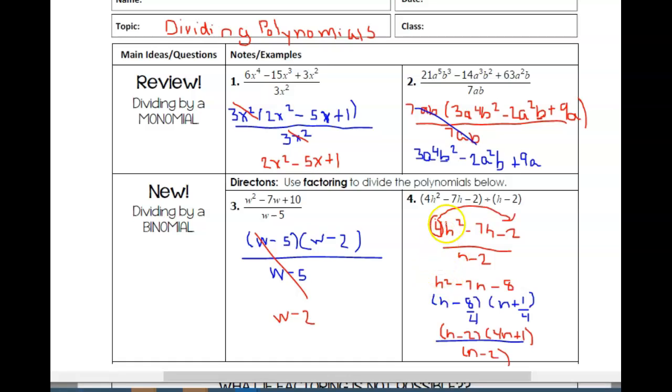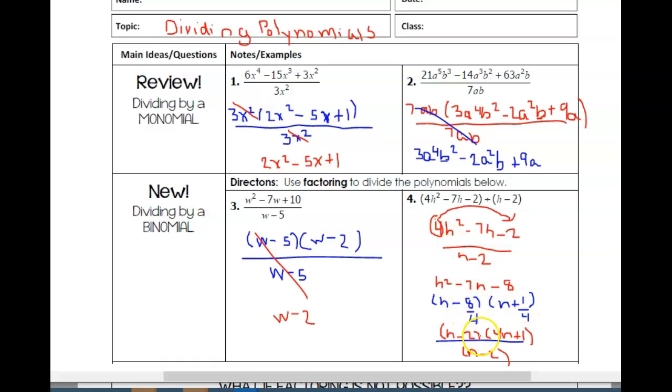All right, I'm going to do my bottoms up factoring to factor the numerator. So I'm going to move that leading coefficient, which is not 1, to the back by multiplication. I end up with h squared minus 7h minus 8. Then I factor that like normal, product sum factoring. Well, what multiplies to negative 8 and adds to a negative 7? Well, that is h minus 8 and h plus 1.